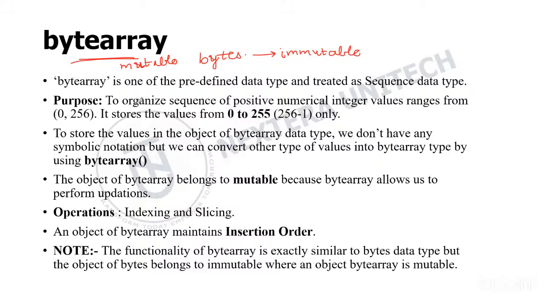So if I change one element in byte array, do you think the memory address will change? It won't change because byte array is mutable, right? In the same memory address location, my value will be updated.